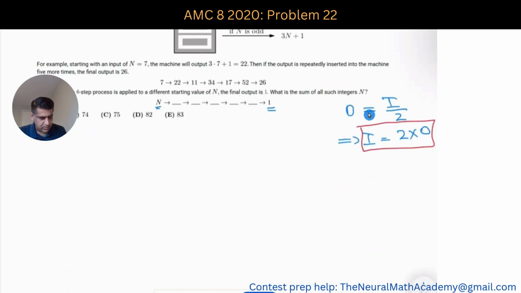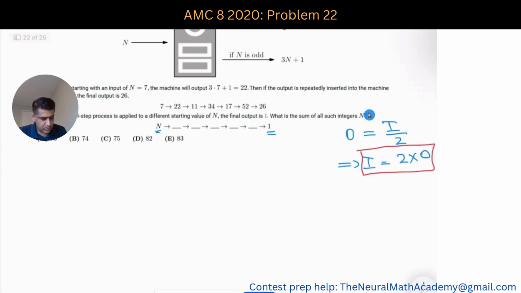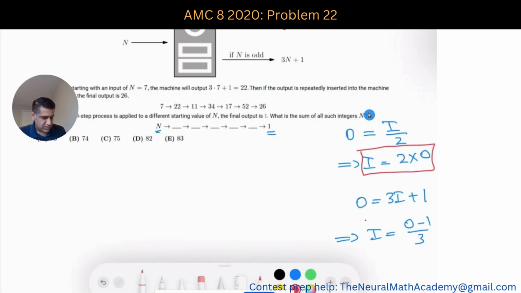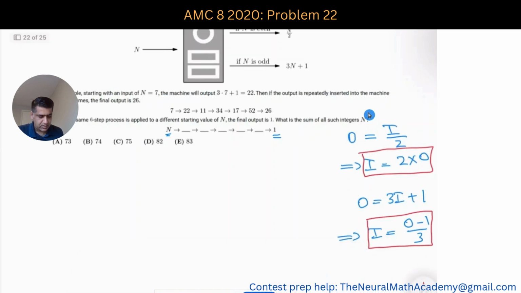The other option that we have is output equal to 3 input plus 1, or we can write it in the reverse order as input equal to output minus 1 over 3. So now we apply these two functions in the reverse order to see what options we get and which ones are legitimate. So we start with 1.